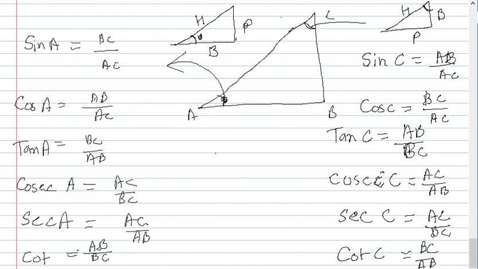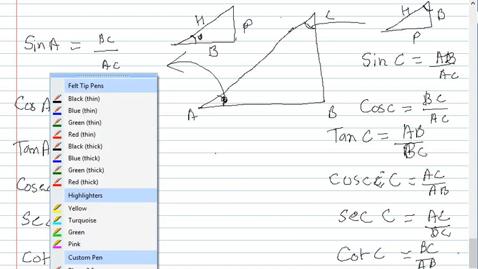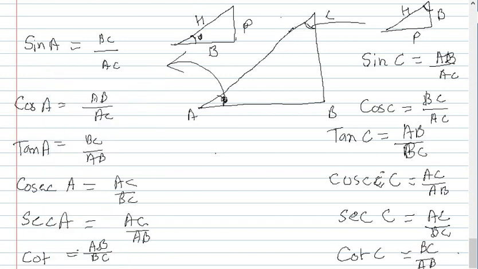Okay, now look carefully. Now see carefully what I am doing. Here we have written cos A, AB upon AC. See what is here, AB upon AC. Here also it is AB upon AC.